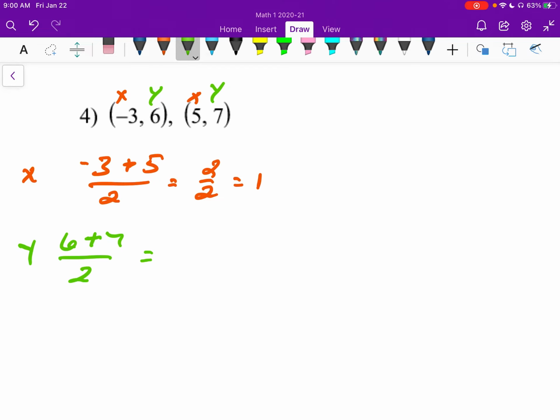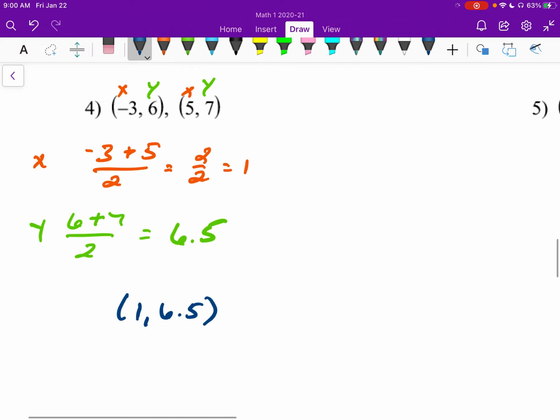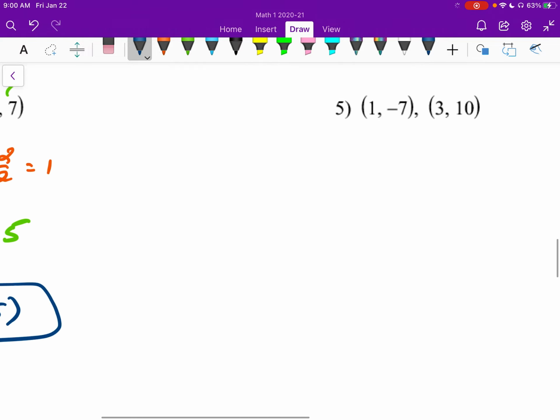Whenever I look at that, I know I'm finding the average, the middle of 6 and 7. I know what's right between 6 and 7 is 6.5. Sometimes I skip the calculator work and just rationalize it in my head. So from there we can write our point at 1, 6.5. All right, that's our answer. I'll circle that.